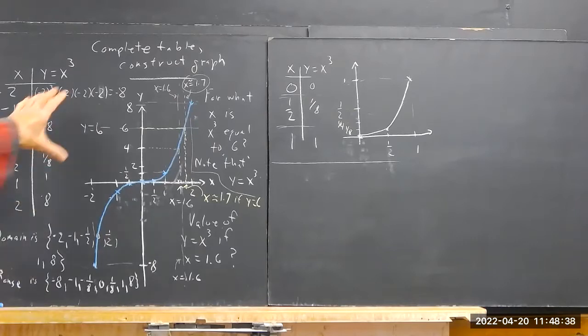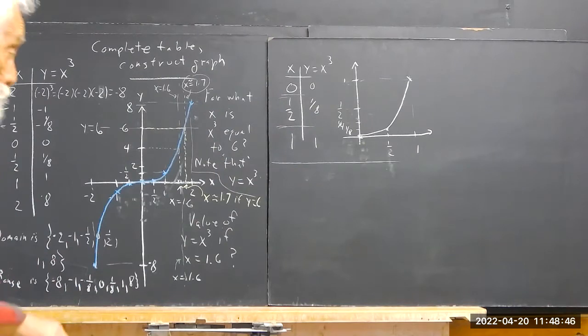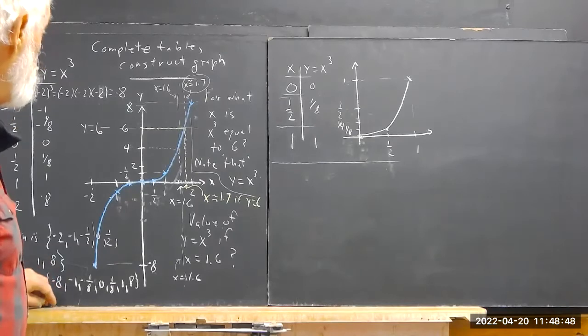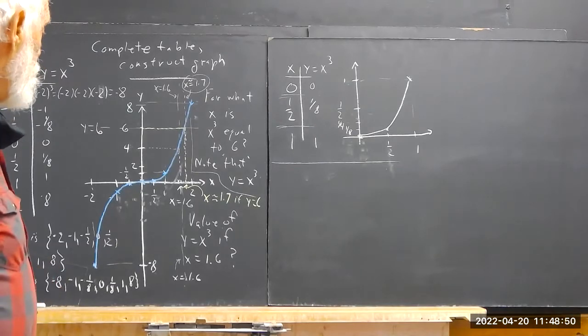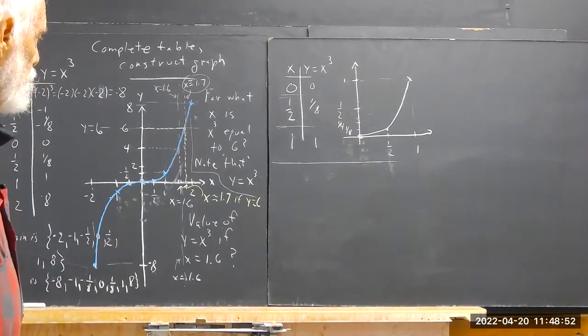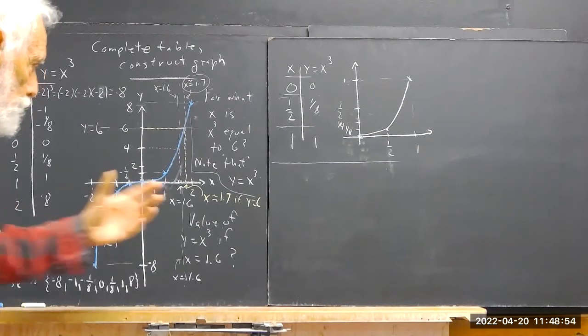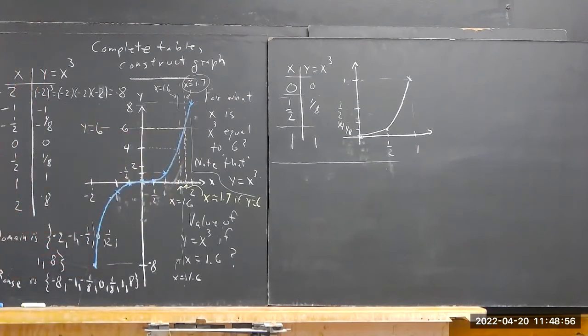Now, if you carry these two ideas with you into pre-calculus, you're going to understand a lot about what the graphs are telling you. So we've seen the concepts of domain and range. Here's the domain that corresponds to this table, right?